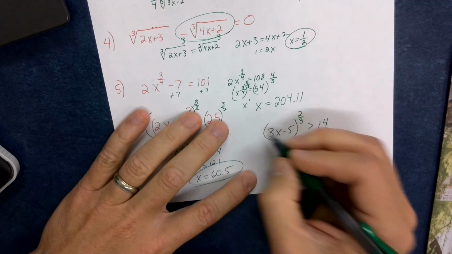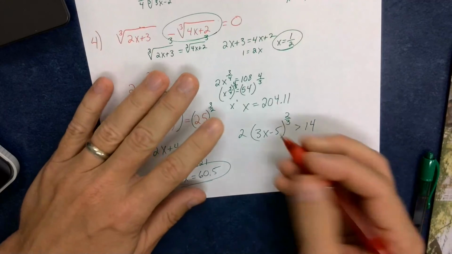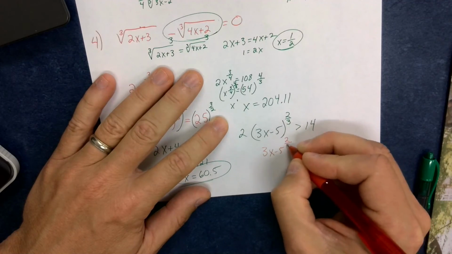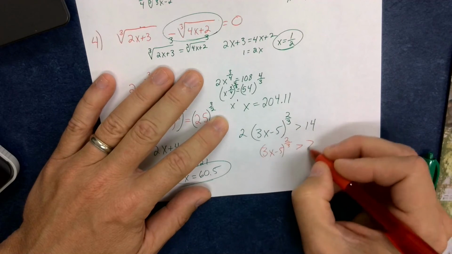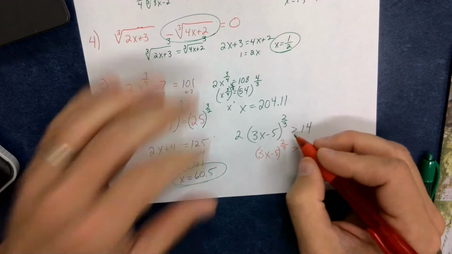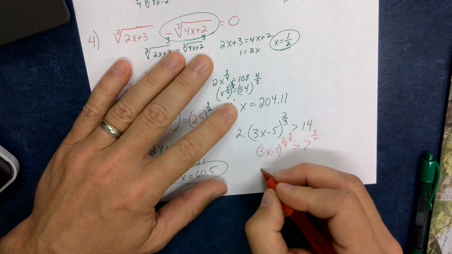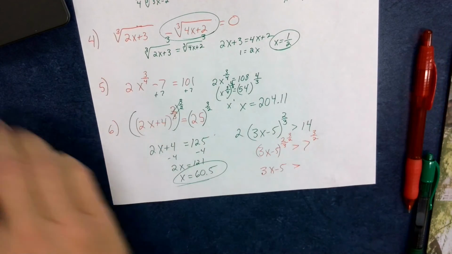Maybe let's put a 2 here. Awesome. So I try and solve this one. Divide by 2 first, and I get 3x minus 5 raised to the 2/3 in parentheses is now greater than 7. I raise both to the 3/2 power, and I get 3x minus 5 is greater than, and now I have 7 to the 3/2 power.